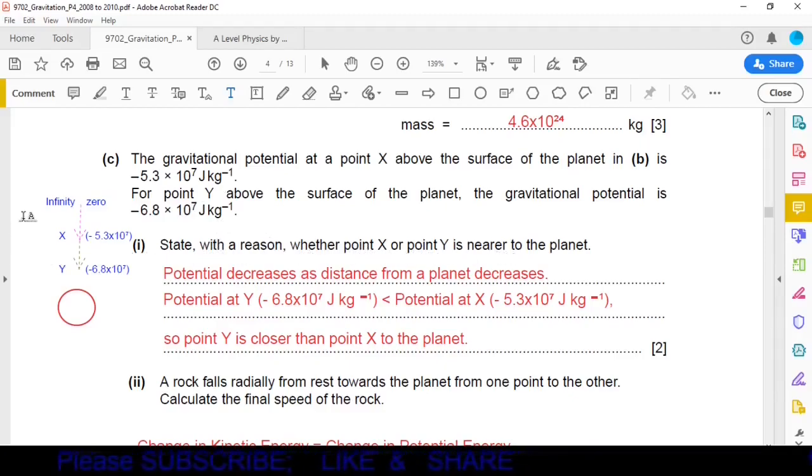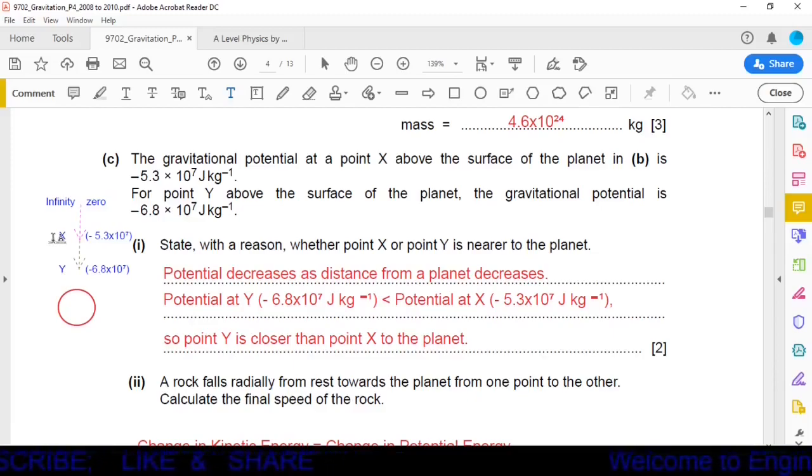Okay, suppose an object is moving from infinity towards the surface of a planet. When an object moves from infinity towards the surface of a planet, its gravitational potential energy decreases. Here what we have observed is that at point Y, the gravitational potential is -6.8 × 10^7, which is less than the gravitational potential at X, which is -5.3 × 10^7.